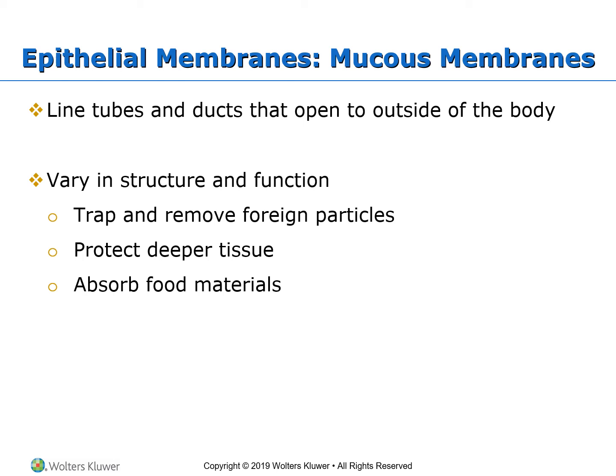And what's interesting about them is that, as opposed to the serous membranes that were not connected to the outside of the body, the mucous membranes are connected to the outside of the body. And that's the main difference between them.